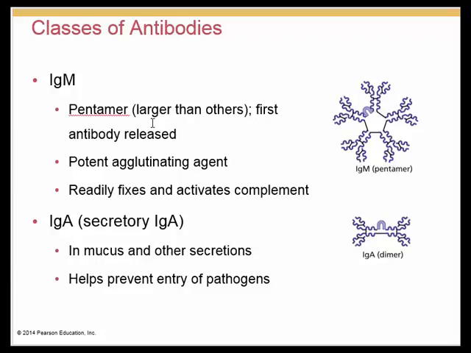And that makes sense. You want to send out as much as you can. So here you'll have 10 different binding sites to throw out there and grab up as much of the infection as possible very quick. So it's going to be a very potent agglutinating agent, grabbing all that antigen.